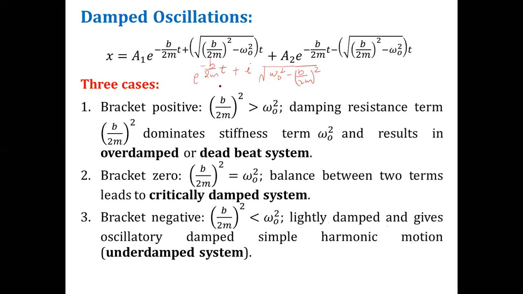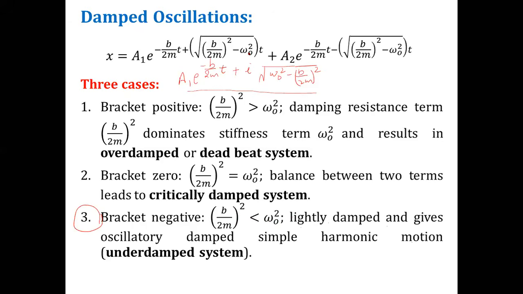This kind of solution is not general. This will only be for the third case, when b upon 2m squared is less than omega naught squared. That means this term will always be negative.